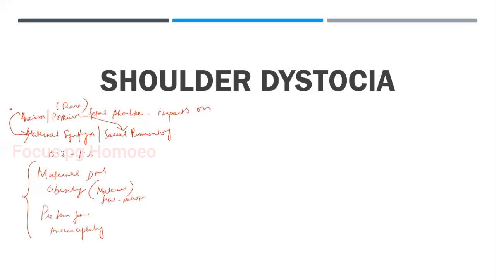And then what are the complications? The complications of shoulder dystocia are divided into fetal and maternal. What are the fetal complications? It is asphyxia, because the shoulder delivery is not happening, so the fetus will go into distress. Then there is brachial plexus injury, and it will go into Erb's palsy.